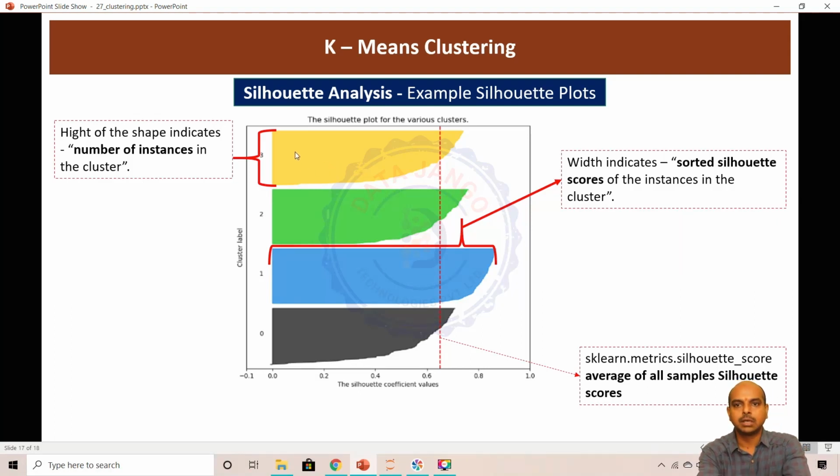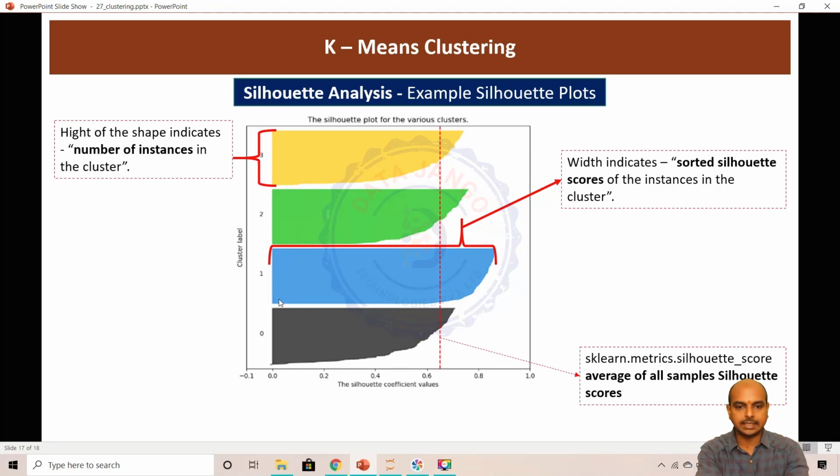If you take cluster 0 and give one color to all those data points which are falling in the first cluster, and take silhouette score on the x-axis, and then try to plot it like this, we got these kinds of curves. This is one cluster, this is another cluster, this is another cluster, and this is another cluster.